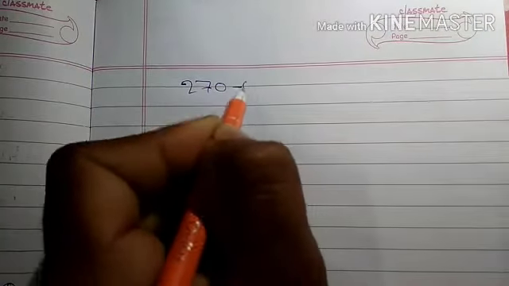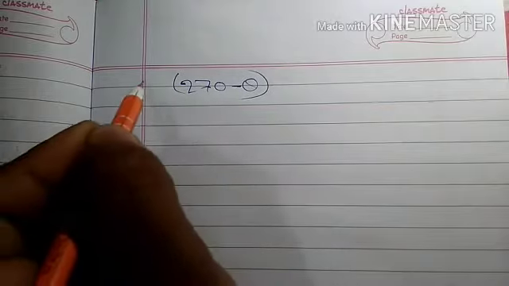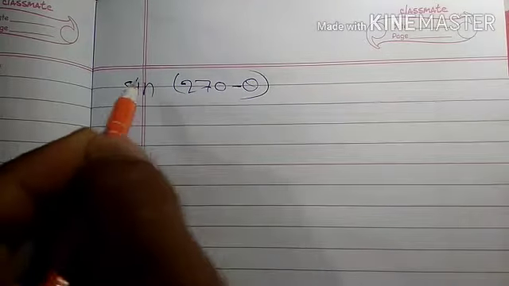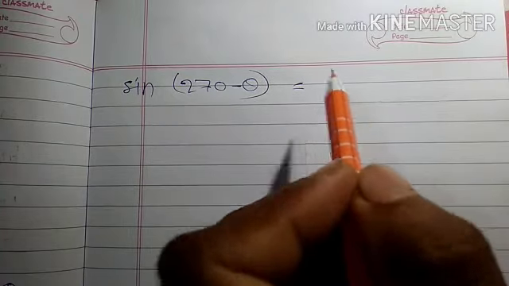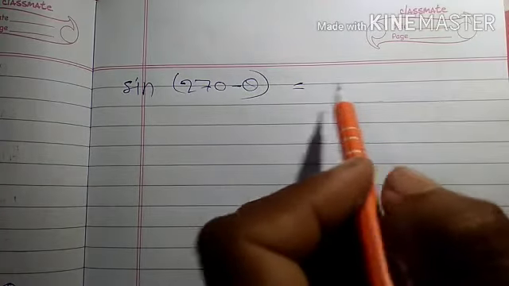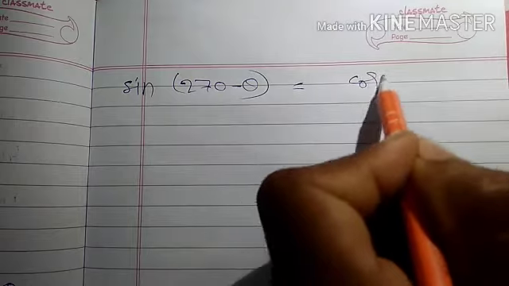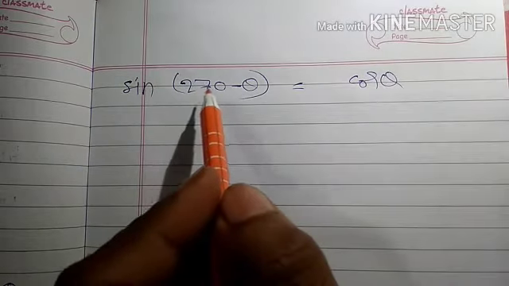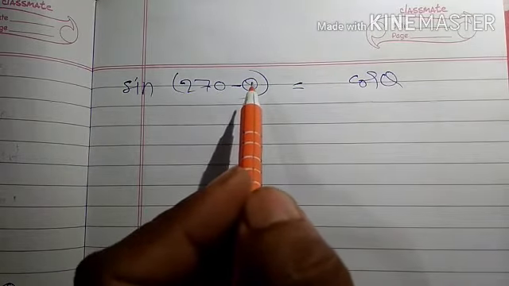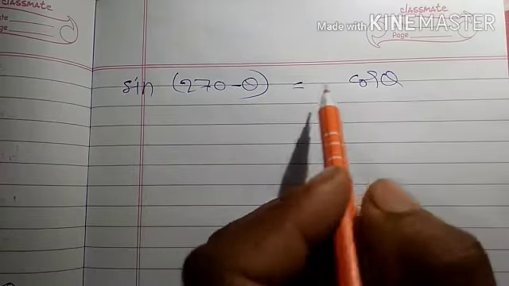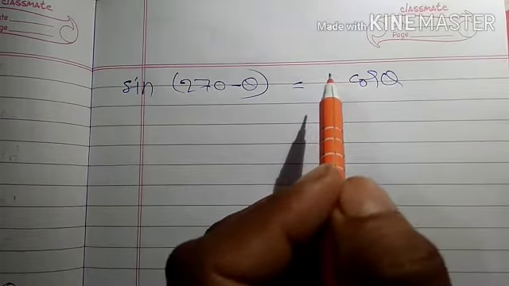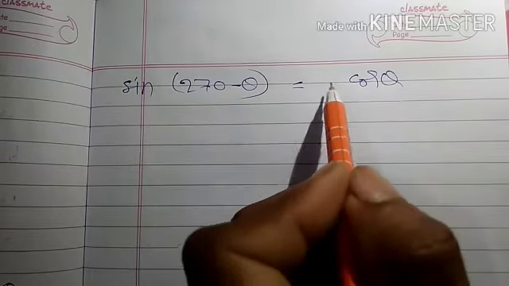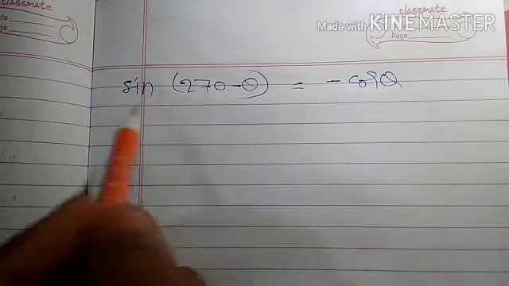So 270 minus θ, that is sine. 270 minus θ, functions change is allowed, so sin θ changes to cos θ. 270 minus θ is in the third quadrant, only tan θ and cot θ are positive, and the other functions are negative, so sin θ is negative.